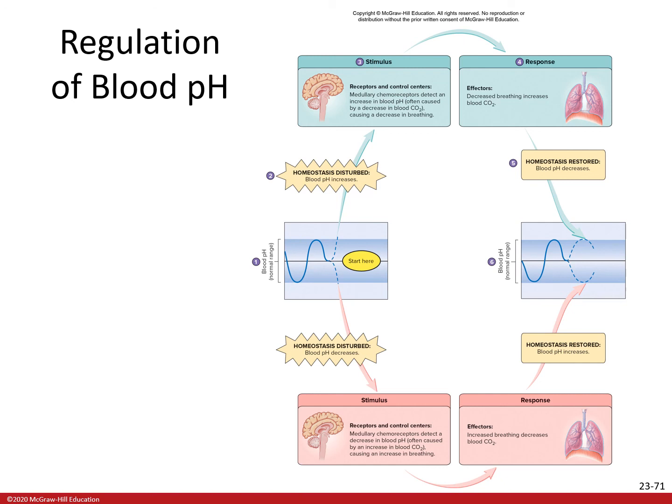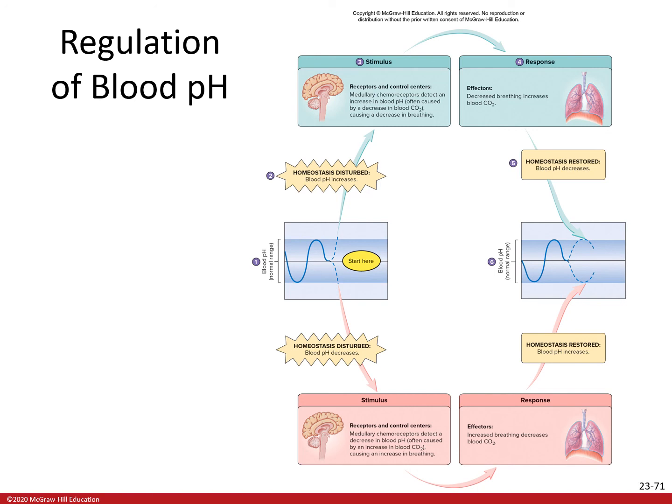Okay, so this is going to be a graphic showing the regulation of blood pH. And what this is showing us, starting from step 1, is the blood pH is in a normal range.